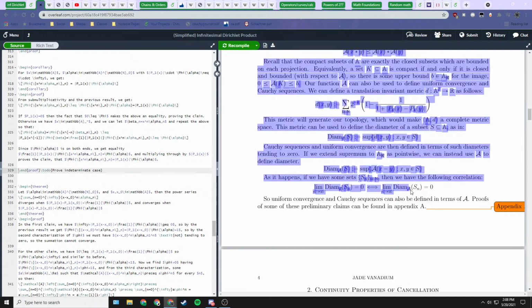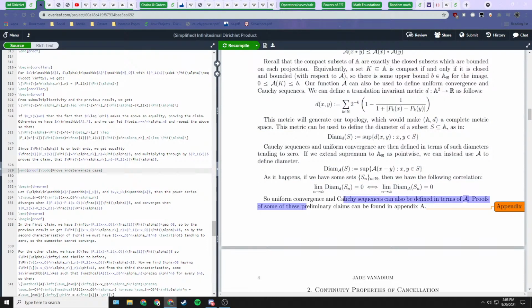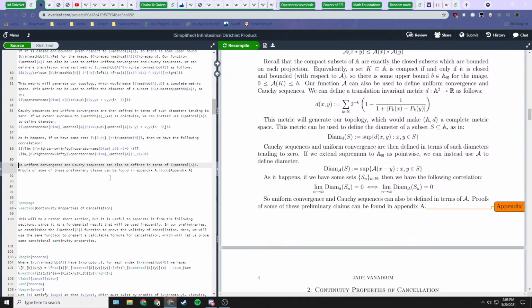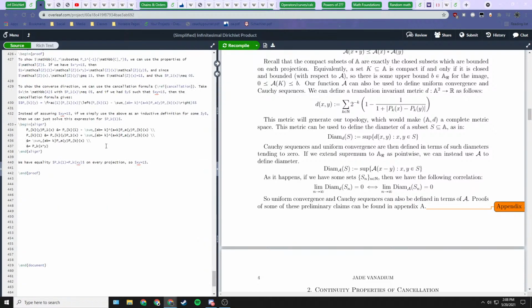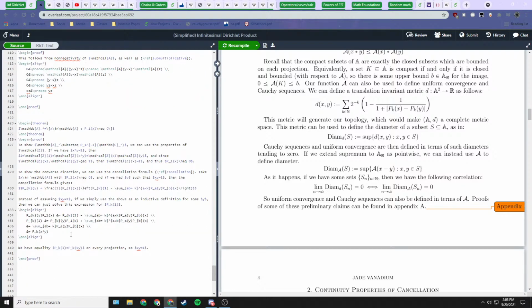So basically what we claimed was that we can define uniform convergence and Cauchy sequences in terms of our script A function. So we're going to prove those in our appendix. So go down to our appendix A, that should be down here.